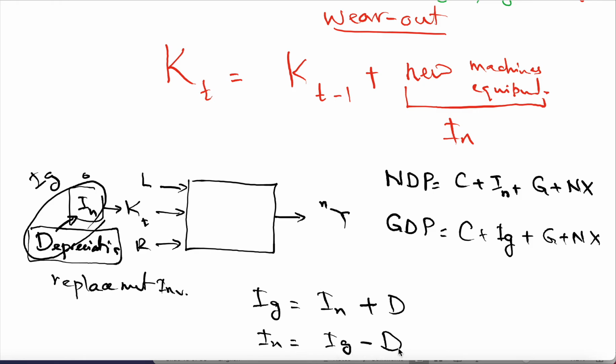If it is smaller than that, then the capital stock starts going down. If you want to have more and more capital stock, then more production, you have to make sure that the depreciation is smaller than the gross investment. So I hope that you understand this.